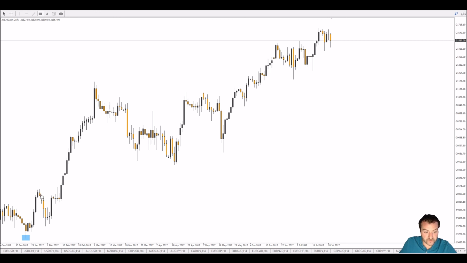Don't be confused that it is yellow, so that the close was lower than the open, but it's still an up candle because we have a higher low and a higher high. But then finally comes our down candle, a lower high and a lower low, and therefore we have spotted a reversal.